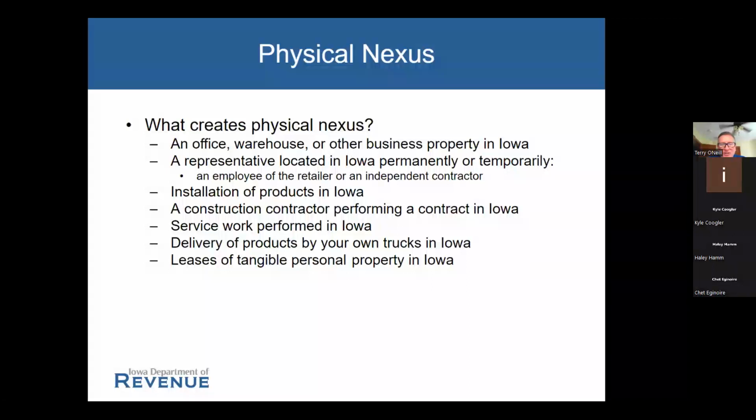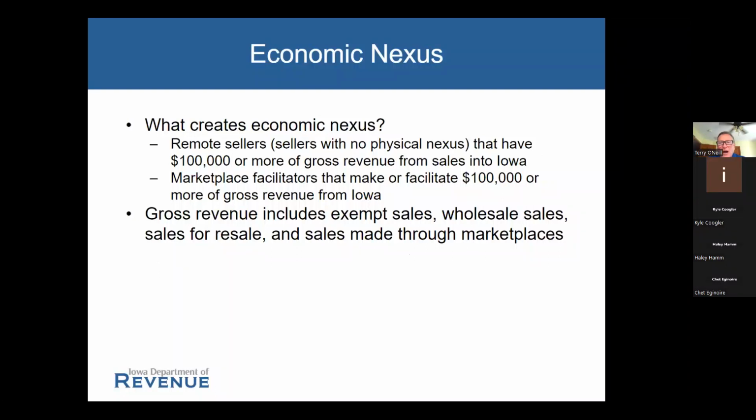And again, if you've been in the sales tax business for a while, that used to be the only game in town. Physical Nexus was the determining factor as to whether or not you had to have a sales tax permit. Since the Wayfair case of a few years ago, we now have an economic Nexus threshold as well. What creates economic Nexus? Well, economic Nexus is going to apply to remote sellers, and the remote sellers are sellers that do not have a physical Nexus in Iowa.